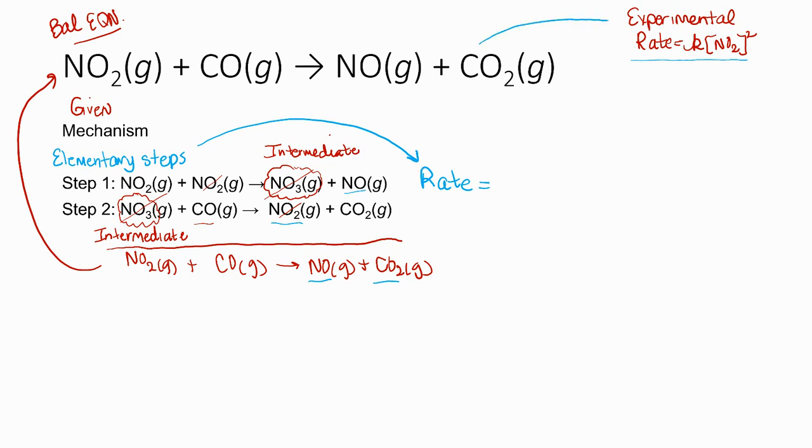So the rate law for the overall equation we get from data. But the elementary steps, we can write a rate for them, and we pull it from what's going on, who's colliding with who.